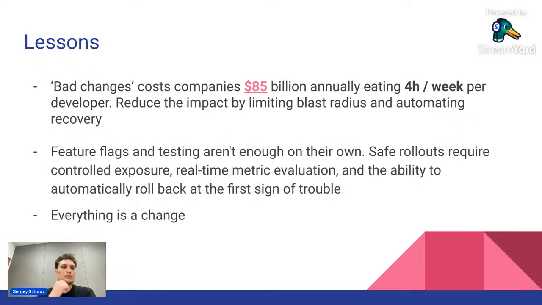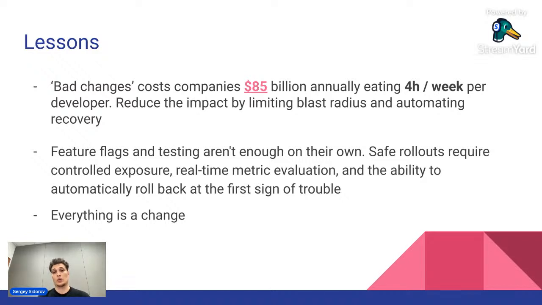So let's summarize what we know so far, right? We know that bad changes are quite expensive. They cost companies operational cost, right? On-call engineers and software engineers have to work on the reliability follow-ups.